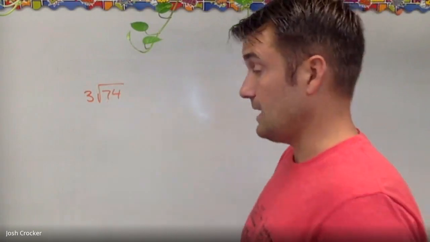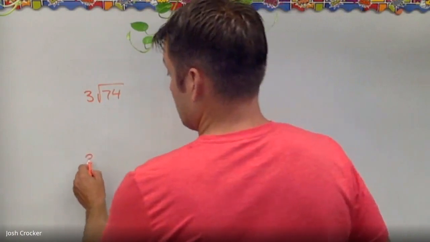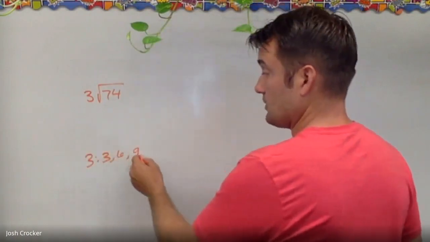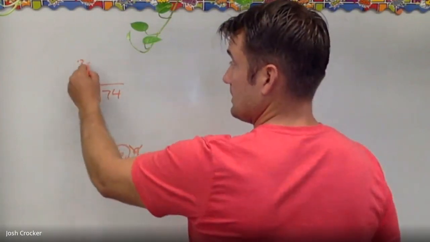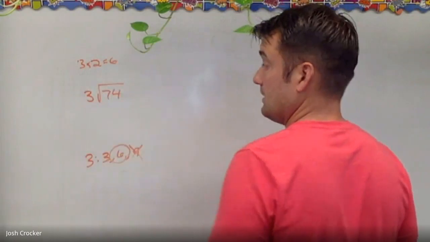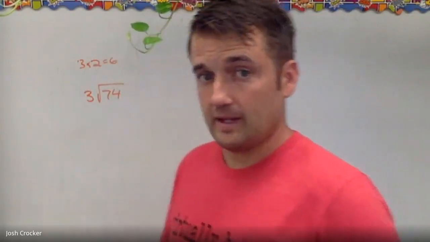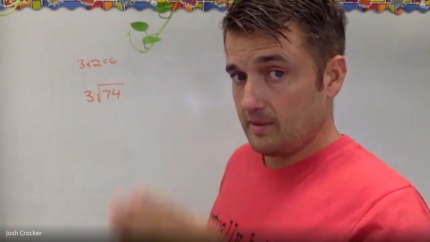So now I can just think, how many times will 3 go into 7? If I count by threes, 3, 6, 9, well, I'm over 7. 6 is it. And the fact is 3 times 2 equals 6. One important thing to remember is you've got to keep things lined up.